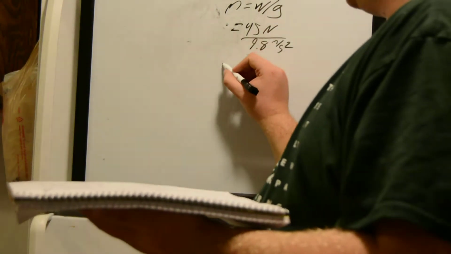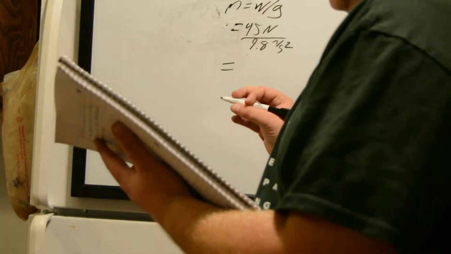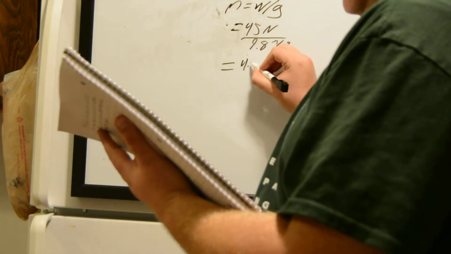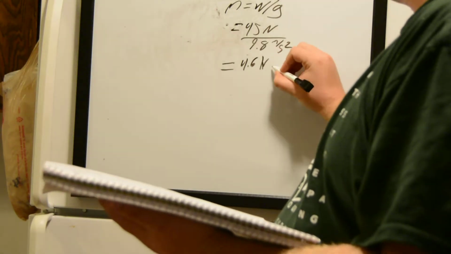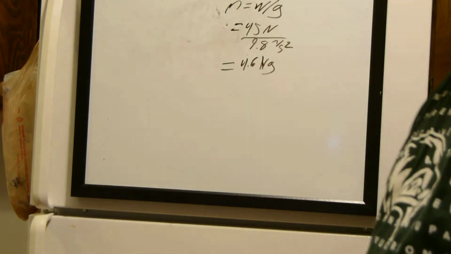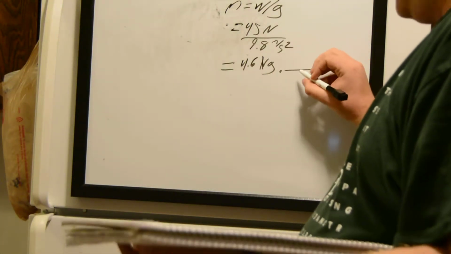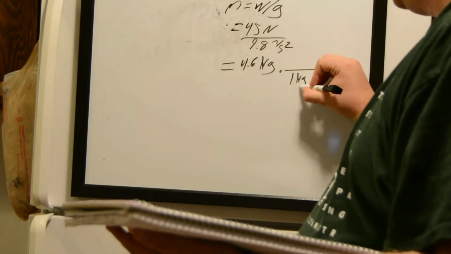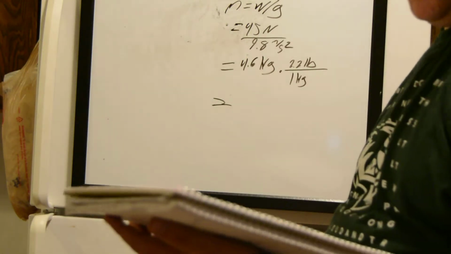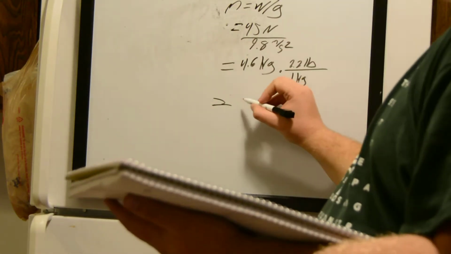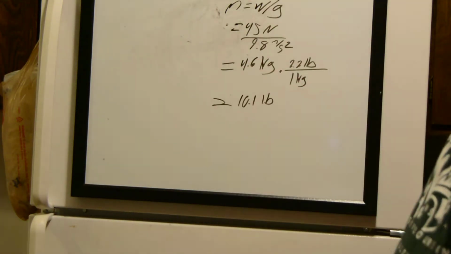When you divide that through, you get 4.6 newton second squared over meters, which is kilograms. And then there's a nice little conversion factor from kilograms to pounds, that 1 kilogram is about 2.2 pounds. So you just multiply that through, and that'll give you 10.1 pounds. So there you have it right there.